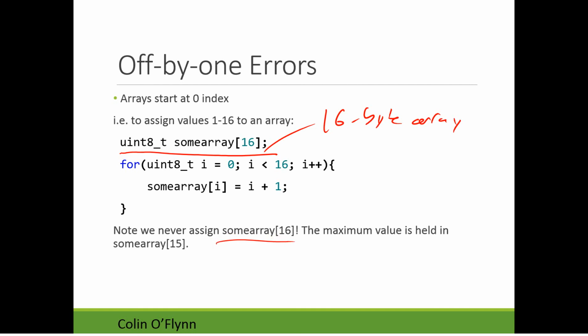When you're doing these loops, it can be hard to remember, if you put this as smaller than or equals to 16, what you'll end up with is some array 16. It'll get an invalid assignment to it. So off by 1 errors are another very common thing in C, and if you're writing an array and you're not sure of it, you should stop for a moment to think, what is the maximum value that I'm going to be indexing here? And if you're not sure, you can also try to fire the code through lint. Again, it's pretty good at catching this type of stuff.